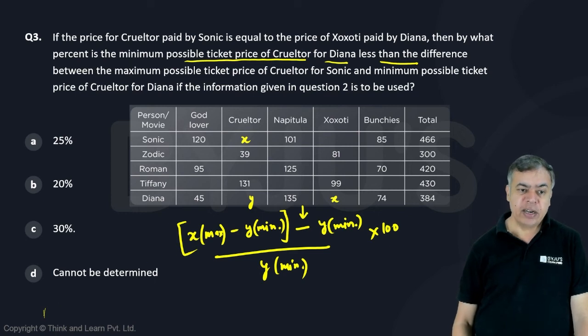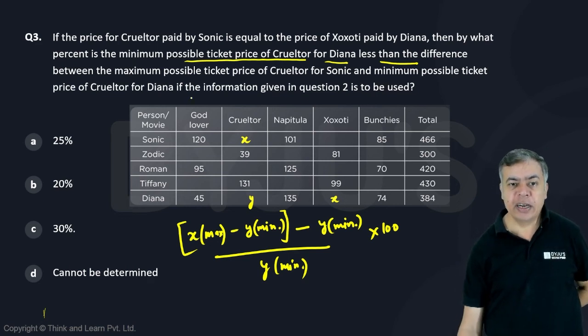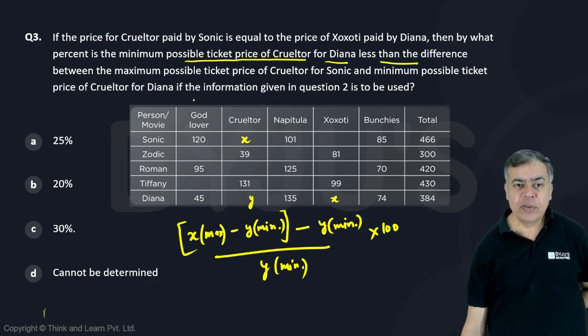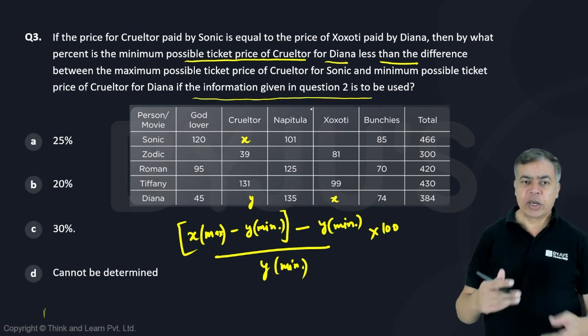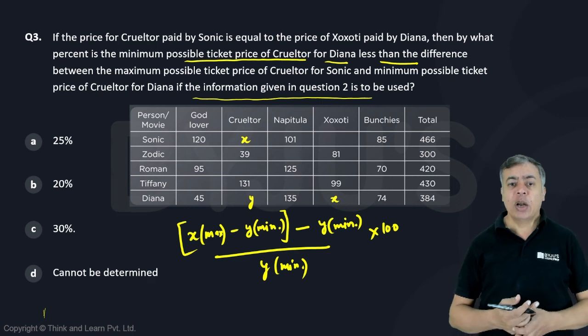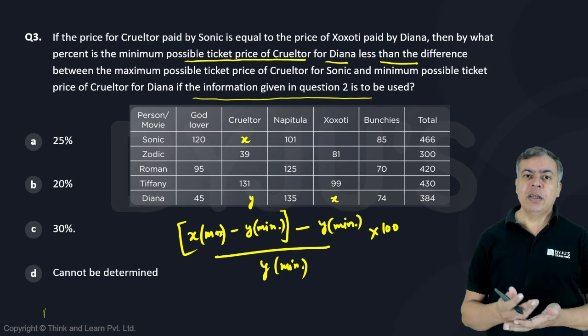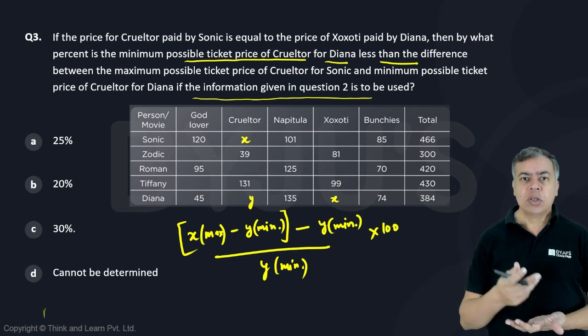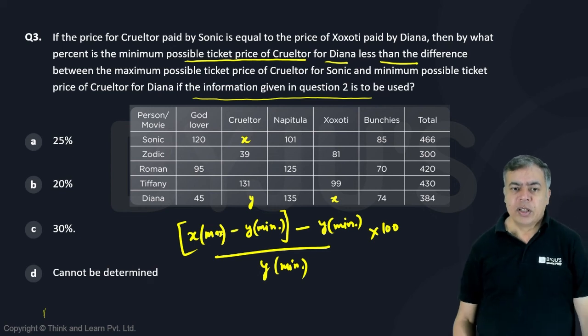Let me remove this first, and now see what X maximum is. Now we need to use the information given in question 2, if it is to be used. And what was the information given in question 2? That all the prices must be greater than or equal to 10% of the total.